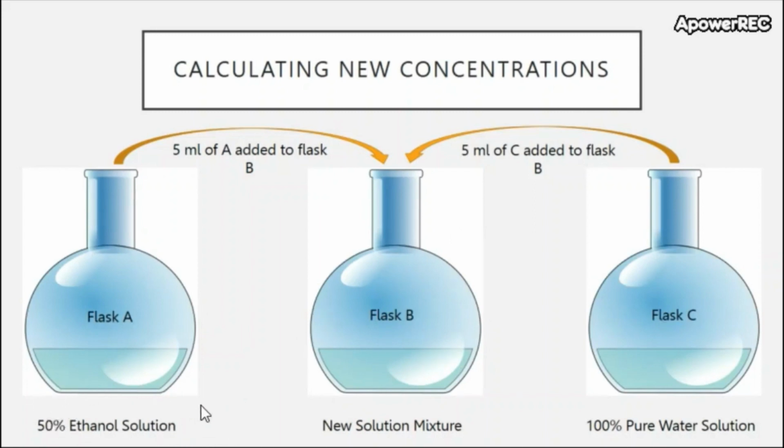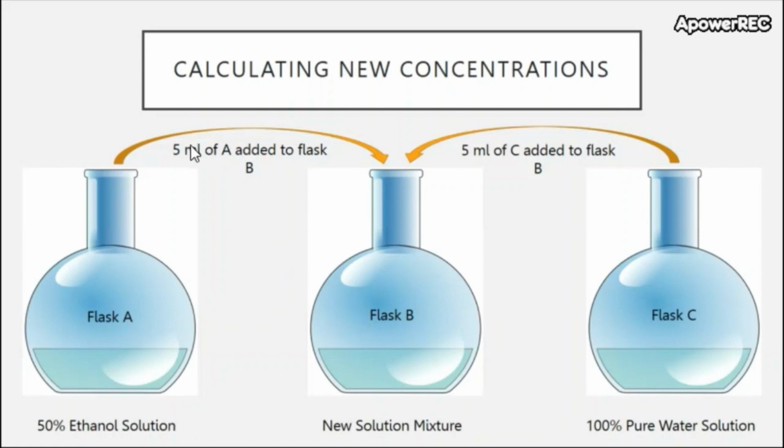So we're starting with a stock that's not 100%. And flask C is 100% pure water solution. So if we added 5 mils of flask A to flask B, and we added 5 mils of flask C to flask B, what would the new concentration be of ethanol?